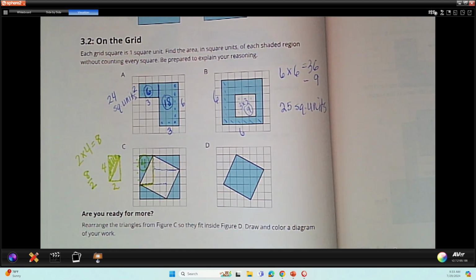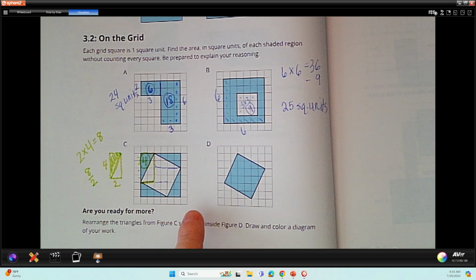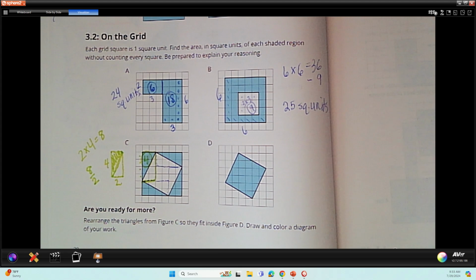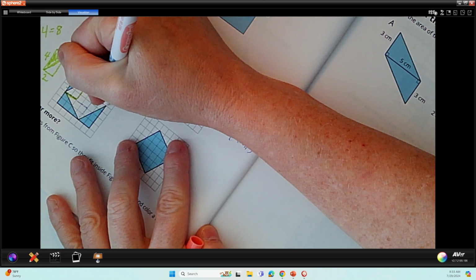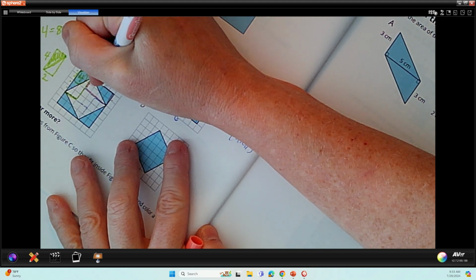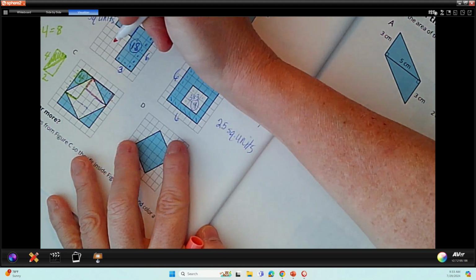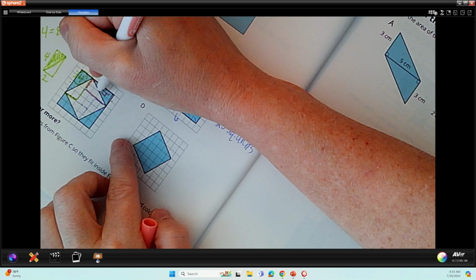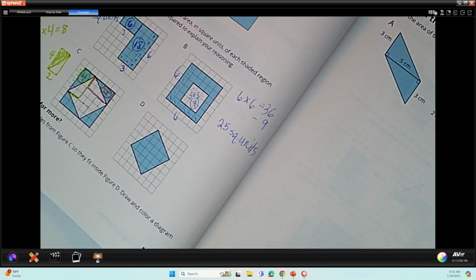Now I'm going to check because I think we have 4 of the exact same rectangles. I'm just going to use a different color, and I'm going to rotate my paper around, and I can see here's another one. 2 by 4. 1, 2, 3, 4. Okay, so there's another one. Again, this one is 4. I'm going to rotate it around again.